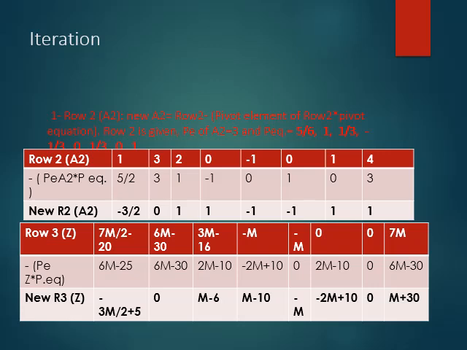The new Z is the result of subtraction of row 1 by row 2. So we found negative 3 over 2, plus 5, 0, M, negative 6M, negative 10, negative M, negative 2M plus 10, 0, and M plus 30.